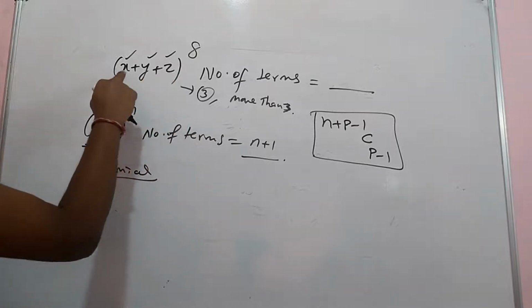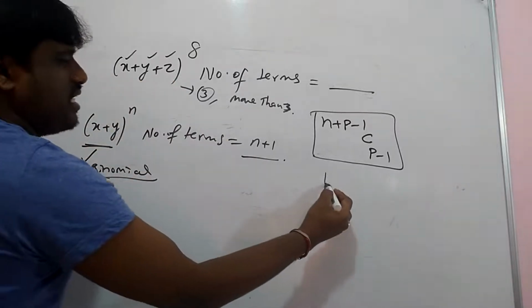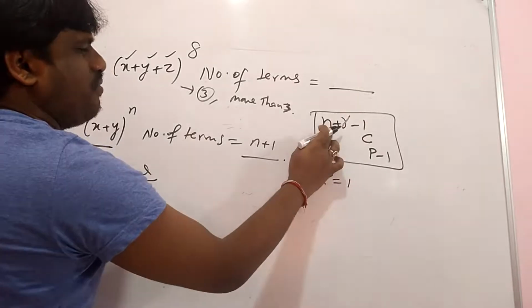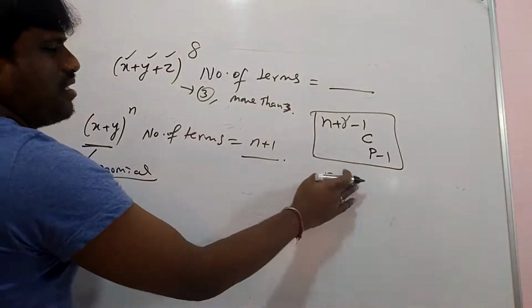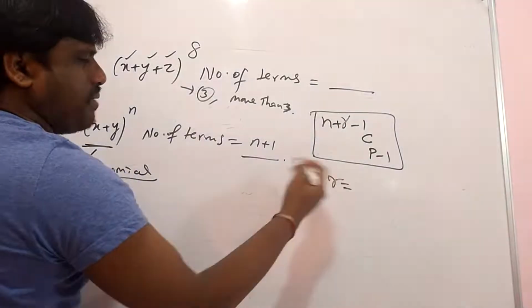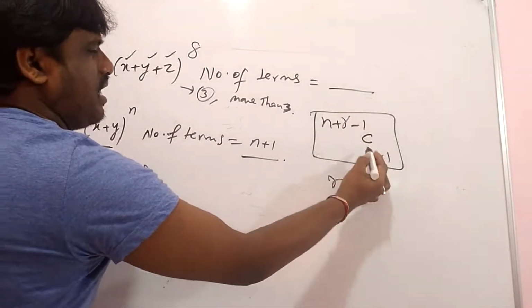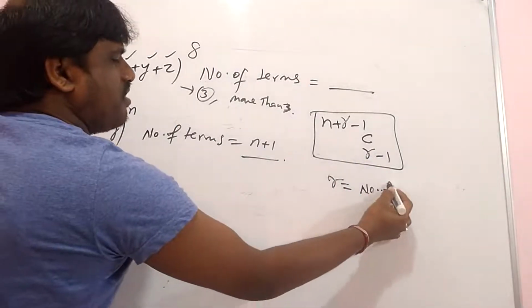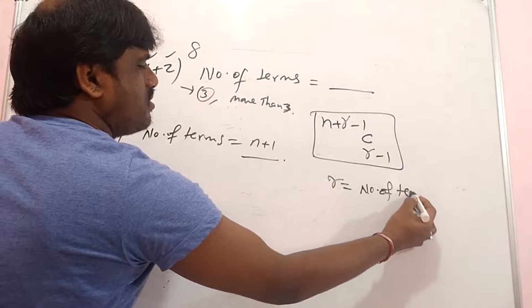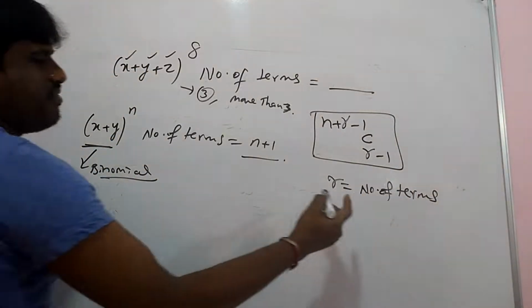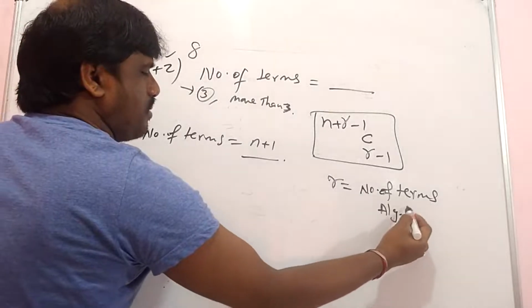You can take r because n was already taken, so I cannot take n again. Whether you take p or r, it indicates the number of terms of the algebraic expression.